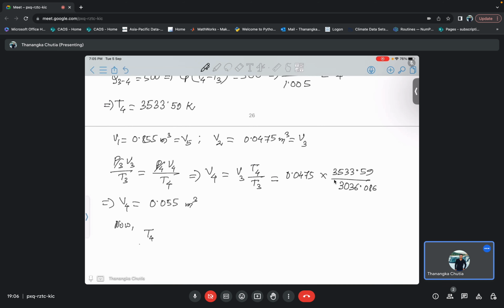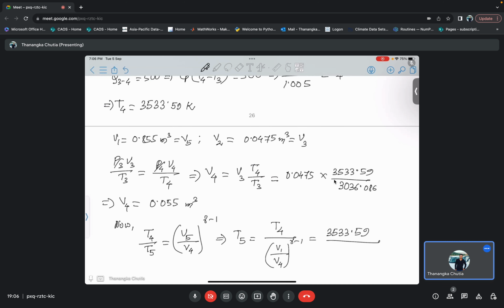Now T4 divided by T5 is equal to V5 divided by V4 to the power gamma minus 1. So from here T5 is nothing but T4 divided by (V5 by V4) to the power gamma minus 1, where V5 is equal to V1. So what is T4? 3533.59. What is V1? 0.855.